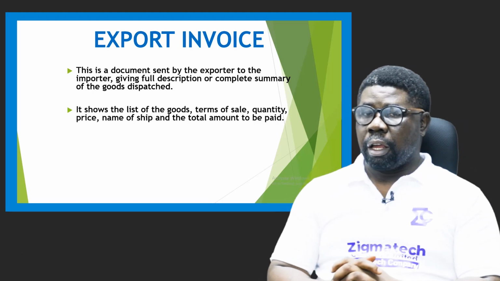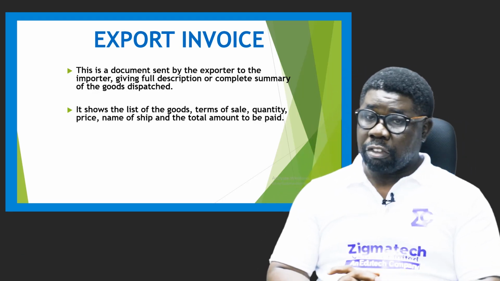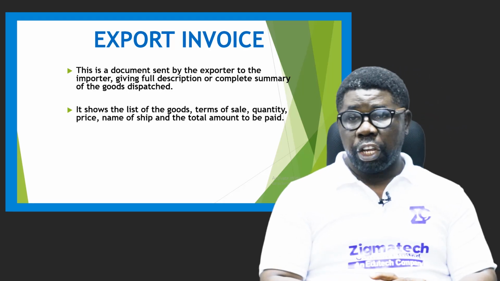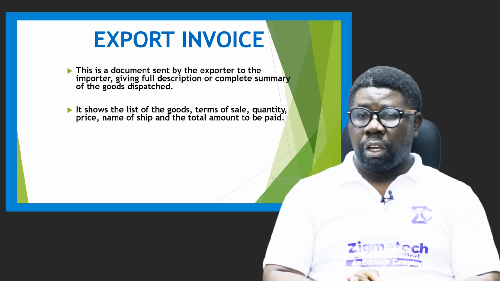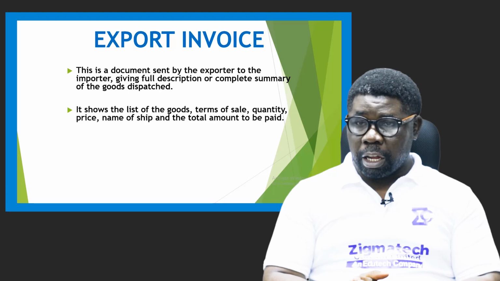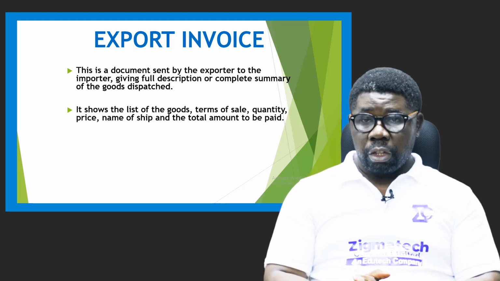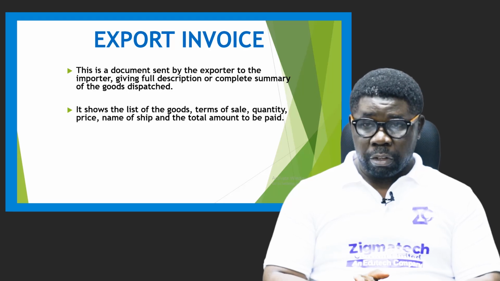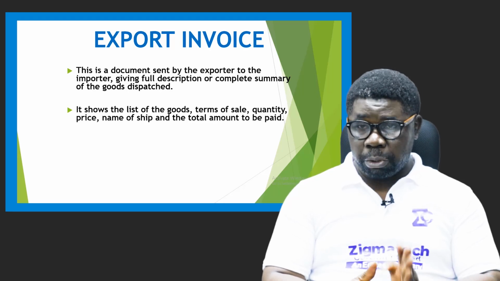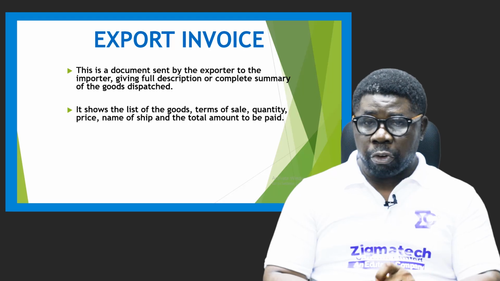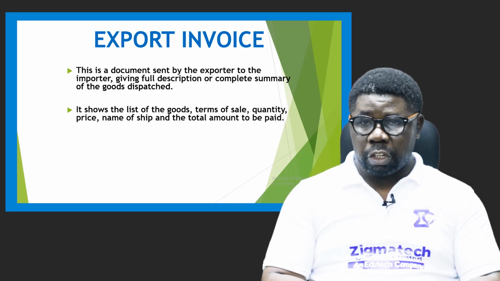So export invoice is another document that is used in international trade. It's a document that is sent by the exporter to the importer, giving full description or complete summary of the goods dispatched.